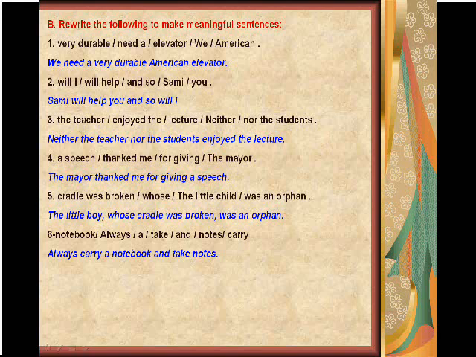Always carry a notebook and take notes. Always, when you rearrange the words, go for the capital lettered words. Okay, this will be the beginning, and then you try to put the verb after that. Okay, so you have: always carry a notebook and take notes.